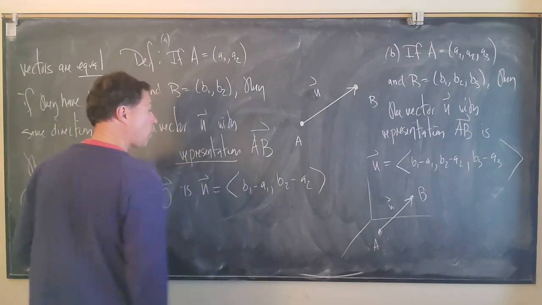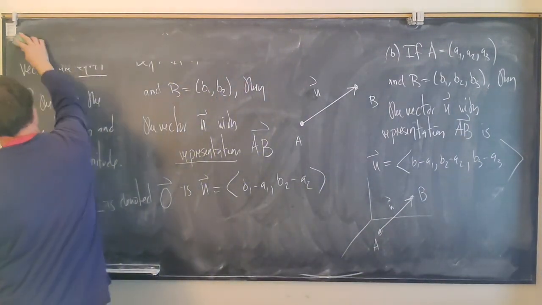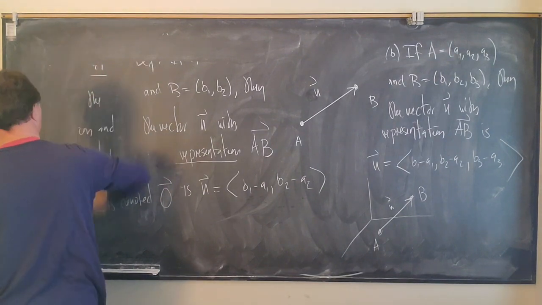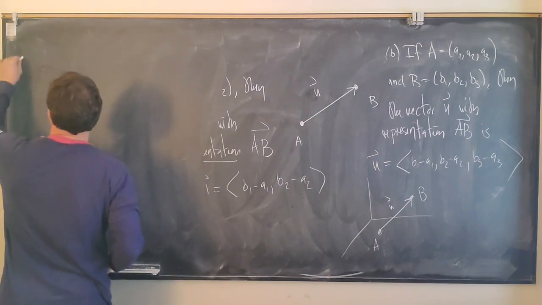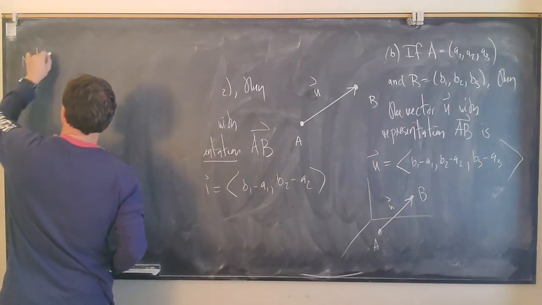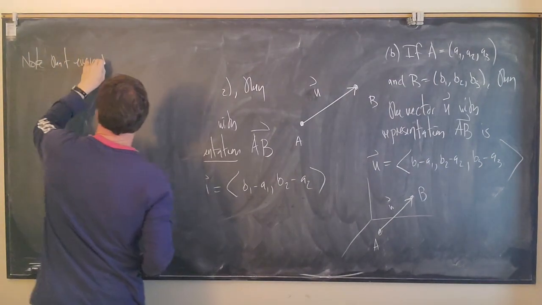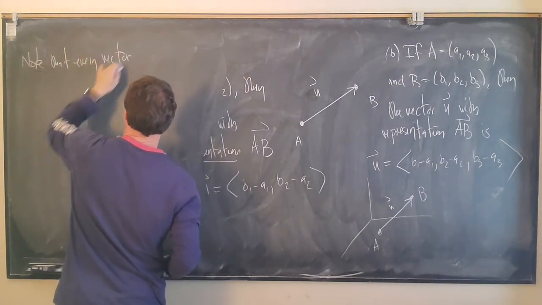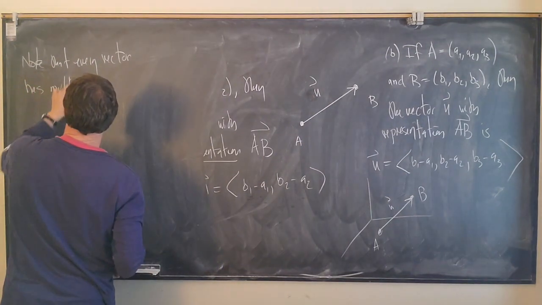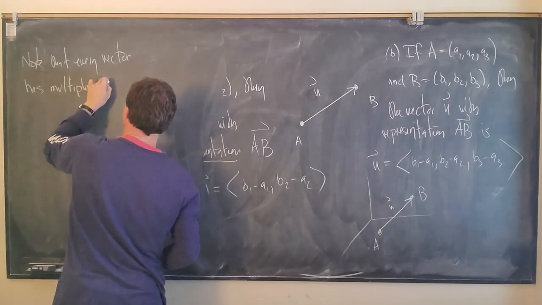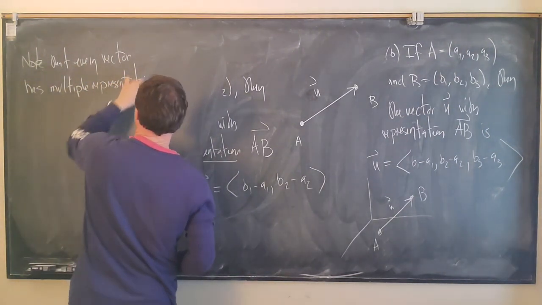So the thing to be aware of now is that every vector has multiple representations. In fact, it's got an infinite number of representations. So let's just note that every vector has multiple representations, right?